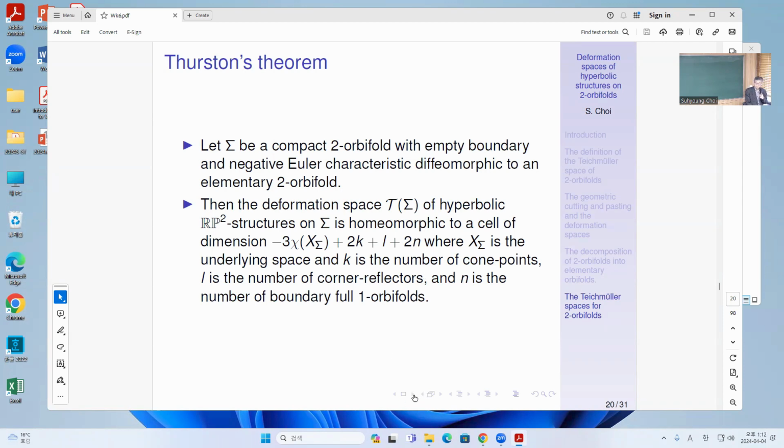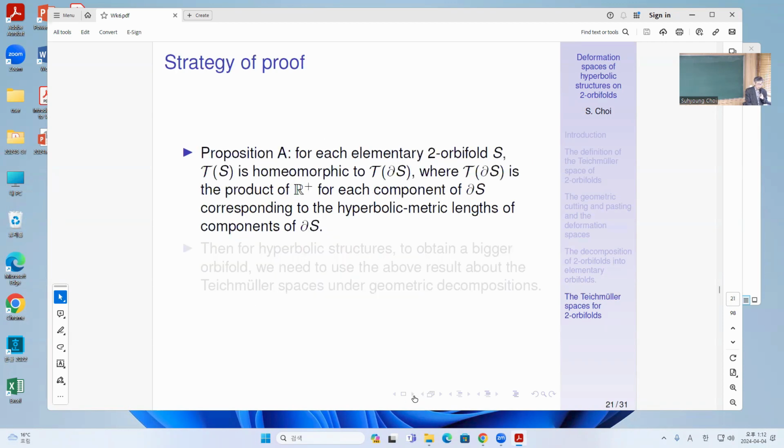Okay, so that is the Thurston theorem, and the proof is that for any elementary orbifold S, T of S is just homeomorphic to T of boundary S. The boundary S is just going to be the geodesic boundary components or the boundary orbifolds.